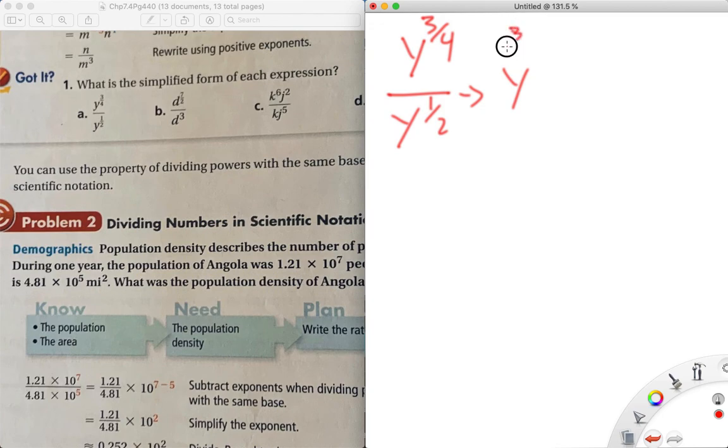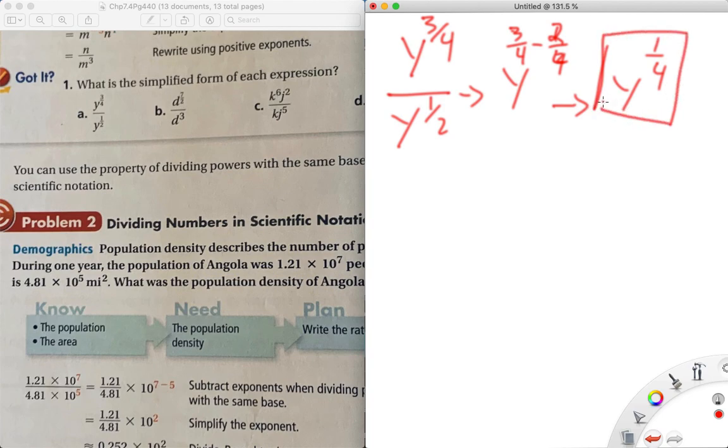So 3/4 is going to be first, minus 1/2. 3/4, this is not the same denominator, so I've got to multiply top and bottom by 2, so this turns into 2/4. 3/4 minus 2/4 is 1/4, so our answer is y to the 1/4.